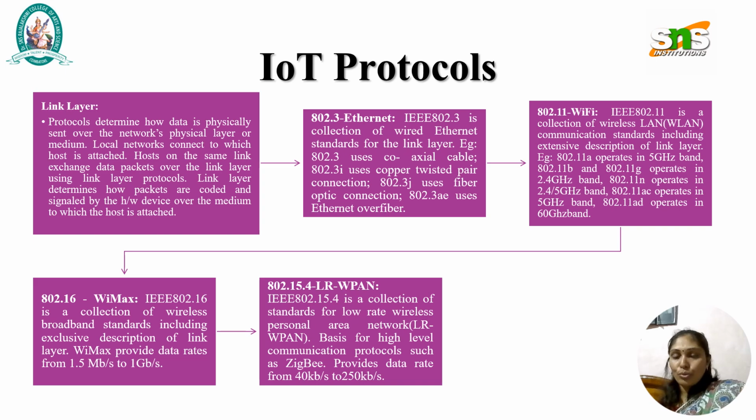IEEE 802.11 is called Wi-Fi. It's a wireless LAN. The communication standard includes extensive descriptions of the link layer. We already know Wi-Fi. Then WiMAX: 802.16 is WiMAX. IEEE 802.16 is a collection of wireless broadband standards including exclusive descriptions of the link layer.